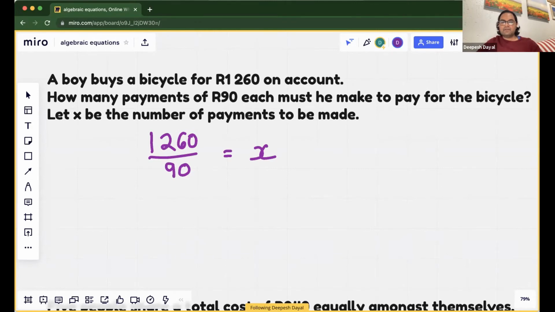You can also say if you agree with this answer. 1,260 divided by 90 equals X. I've got 90X equals 1,260.